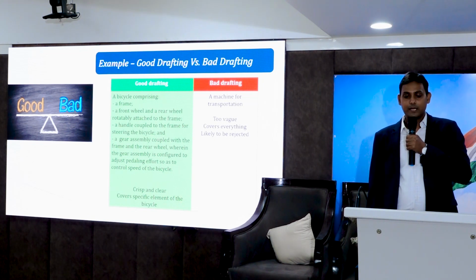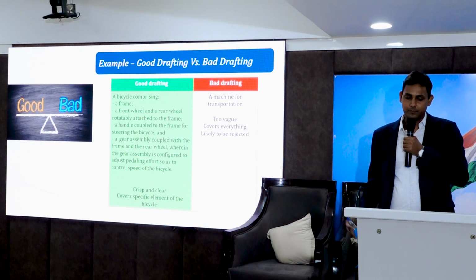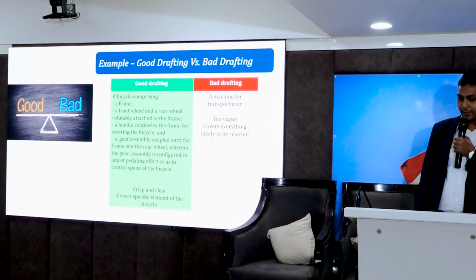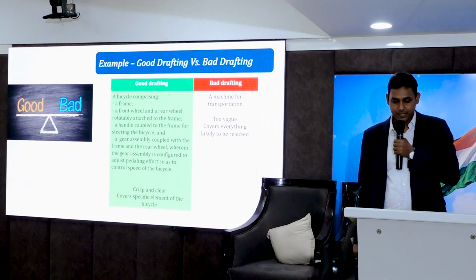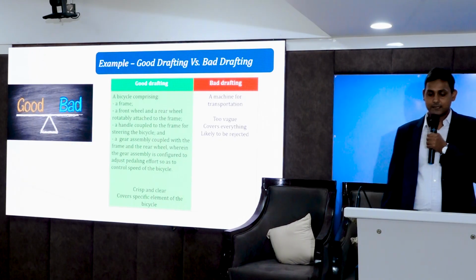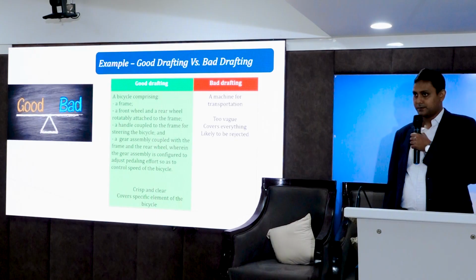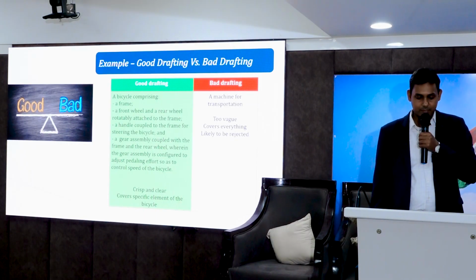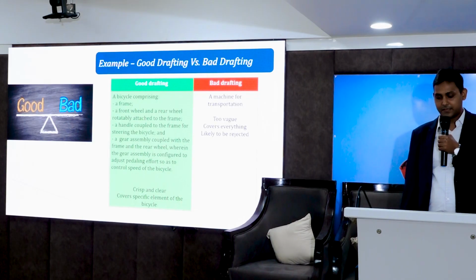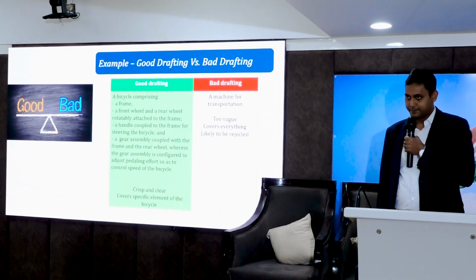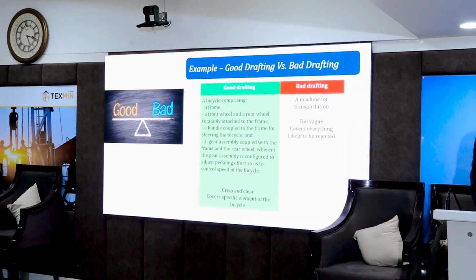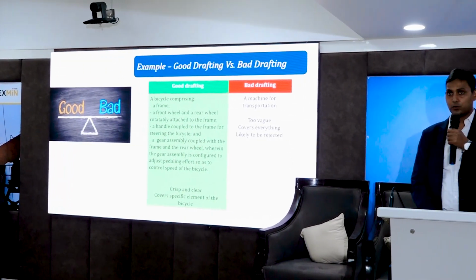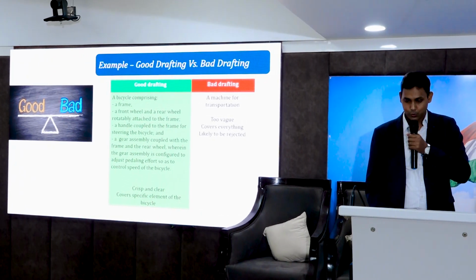That means the front wheel and rear wheel can rotate by themselves, and there is a handle that can maneuver the bicycle, and last the gear assembly that is required to adjust the pedaling effort. So this is the crisp and clear version of your draft, and it covers the specific elements of the bicycle. So now we have an idea, right? How to define the scope of your invention, what is good drafting, what is bad drafting, and all those things.